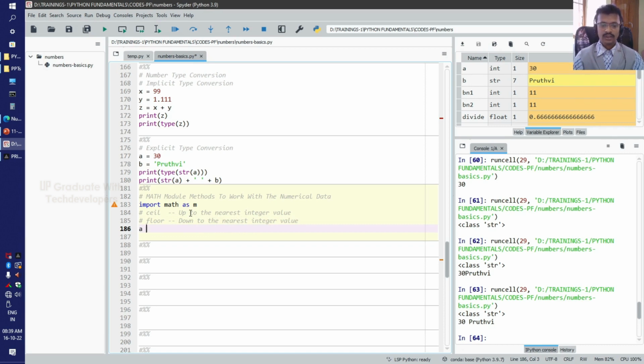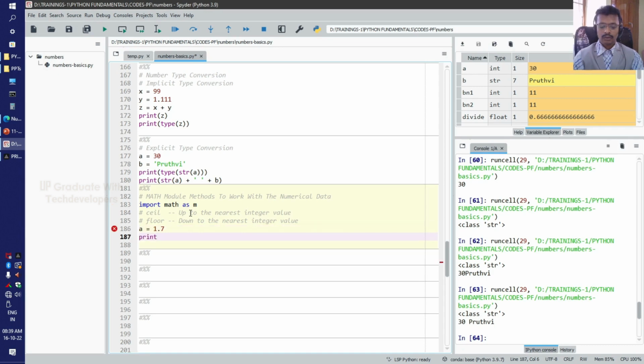Let us see, for example, a is equal to 1.7. I can use m dot ceil. M dot ceil, m means math dot ceil. It is like math, but we are calling math as m using the alias name m.